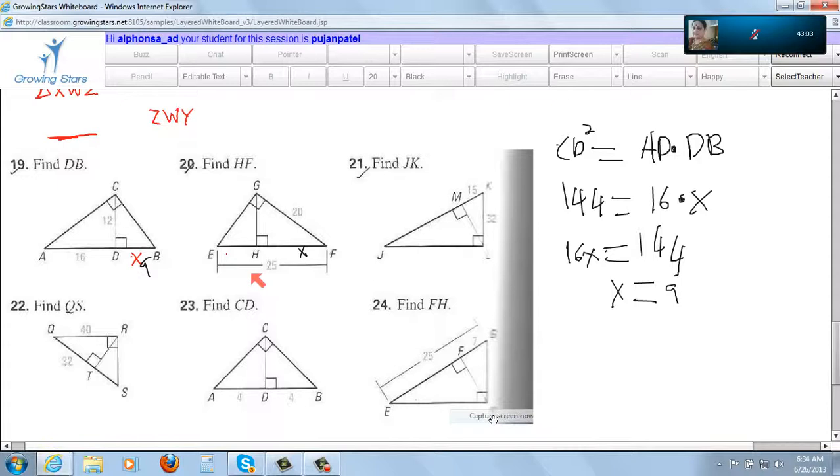So GF squared would be 400 equals HF times EF. So it'd be 25x. Six.